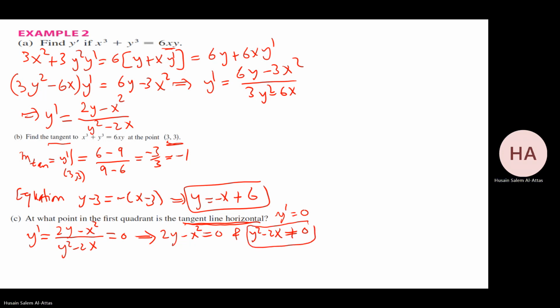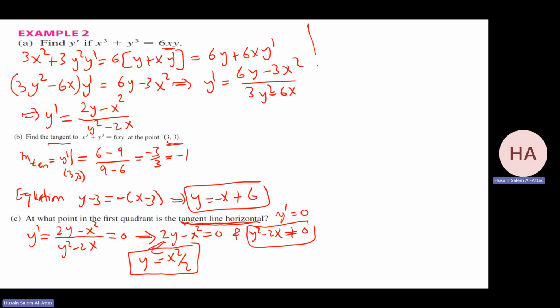Okay. So this one will lead us to what? y equals x squared over 2. I'm looking for the point of tangency where the tangent line is horizontal, where the slope is 0. Okay. Point of tangency means this.